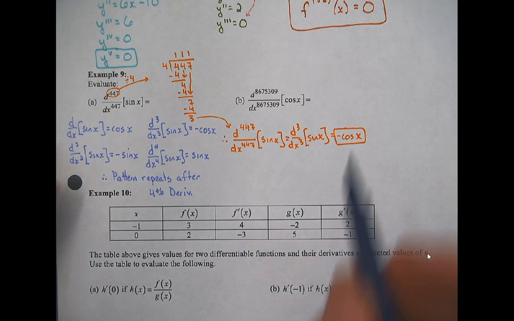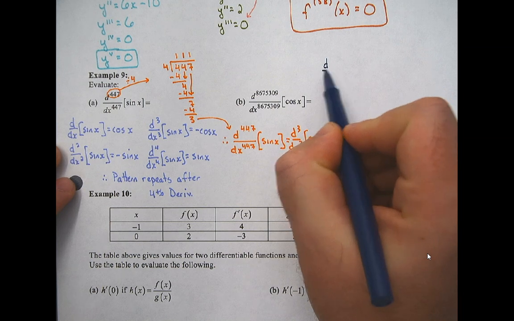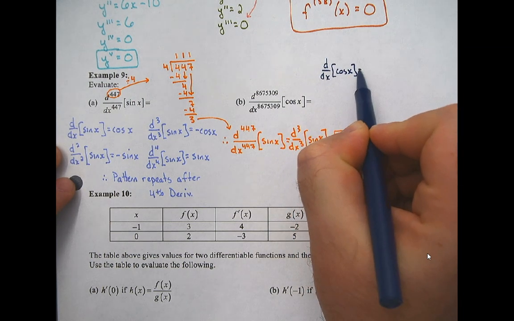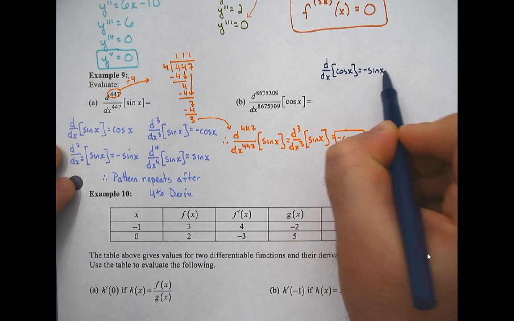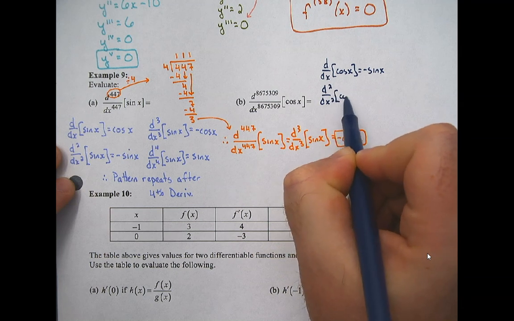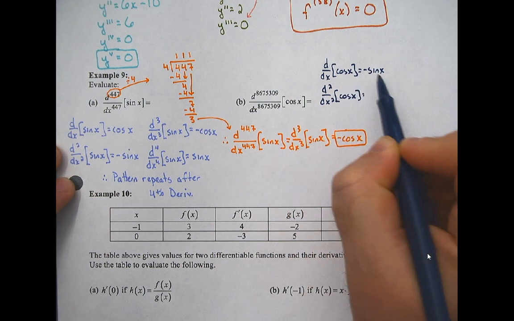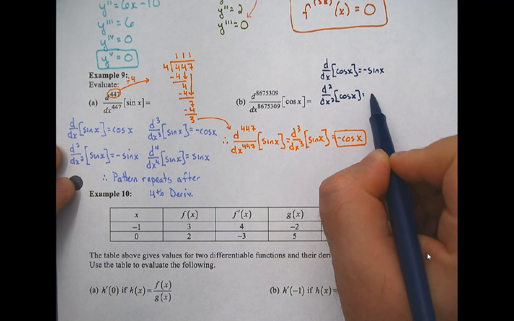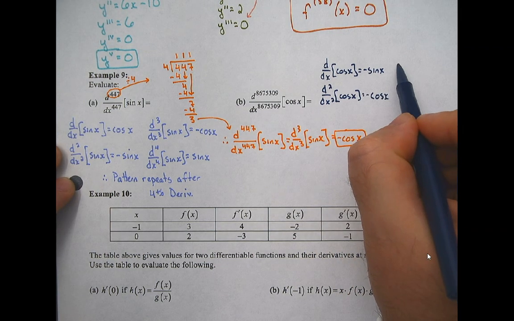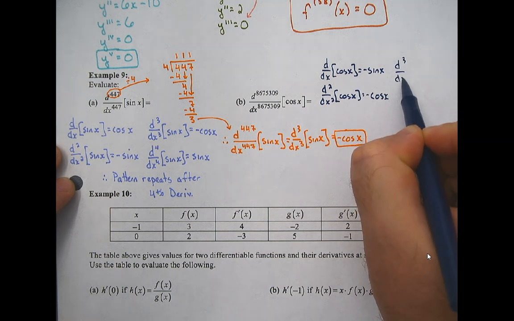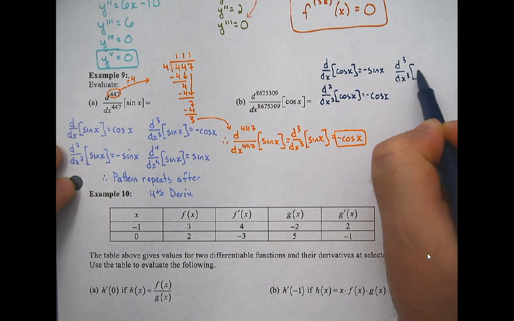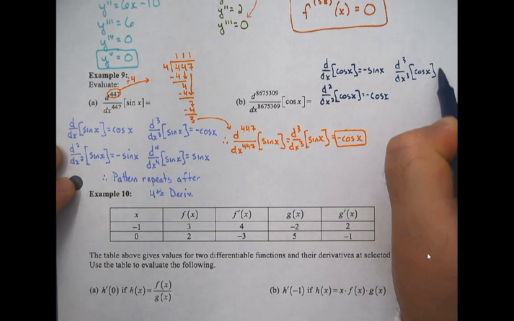So first of all, I got to figure out what are the derivatives of cosine. So d dx of cosine of x is negative sine. The second derivative of cosine is, derivative of sine is cosine, but there's a negative, so that's negative cosine. The third derivative would be the derivative of this, which would be a negative, negative, and then a sine.